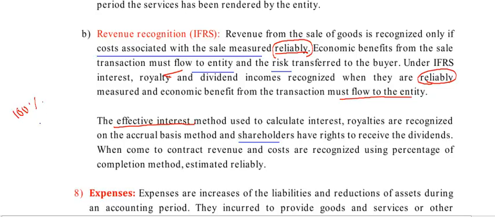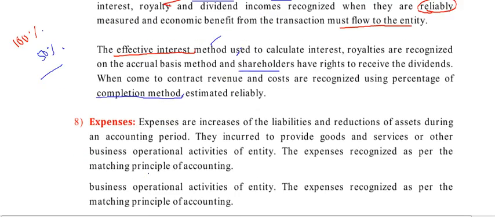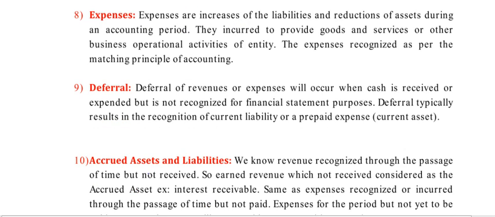You have to calculate only 50% because 50% of the work is completed. We have problems on this in the coming chapters. In the same manner, the expenses related to the company are also recorded according to the percentage of completion method, for construction contracts.